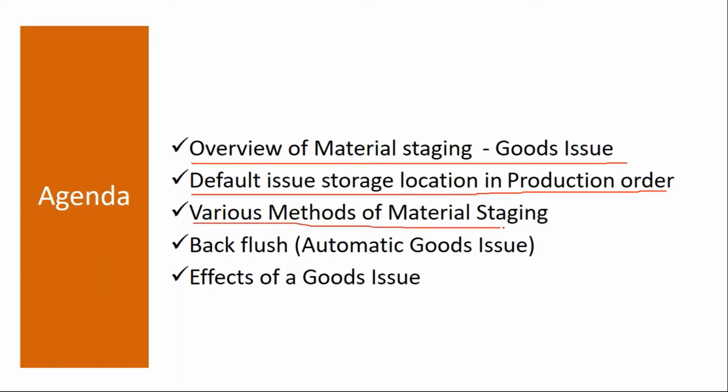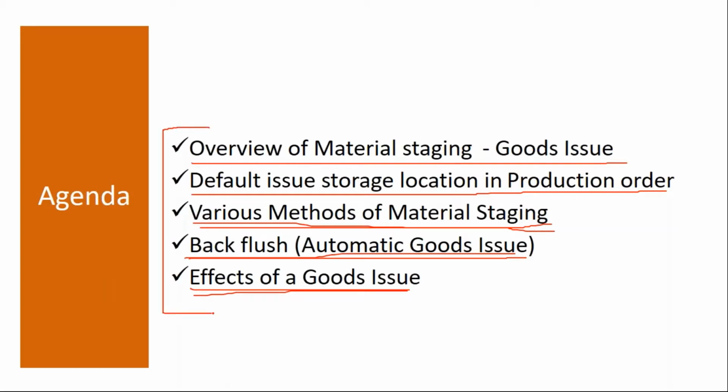Then various methods of material staging, various methods of goods issue. Then we will understand what is backflush, automatic goods issue, and what are the settings we need to do for backflush. Then the effects of a goods issue. When we do the goods issue, what will happen? So these are the topics we will be covering in the goods issue.